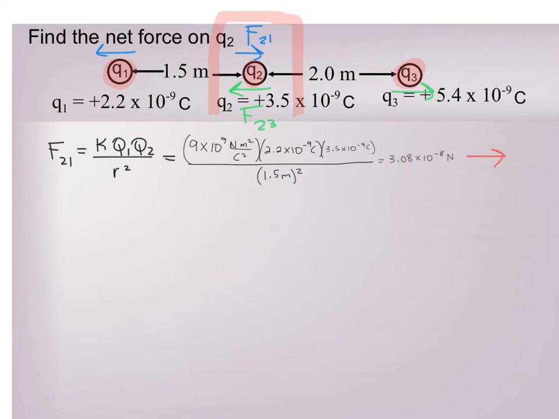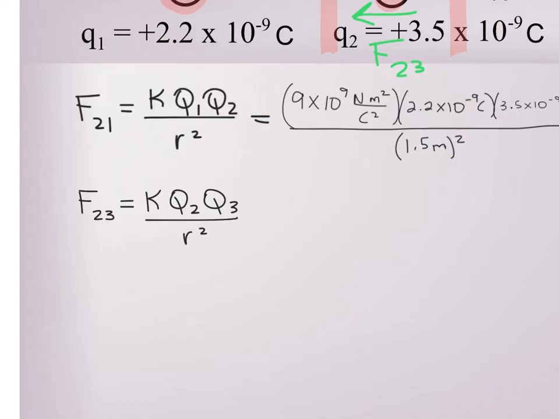And so I'll repeat these steps with F23. F23 is going to be k times Q2 times Q3 over r squared.